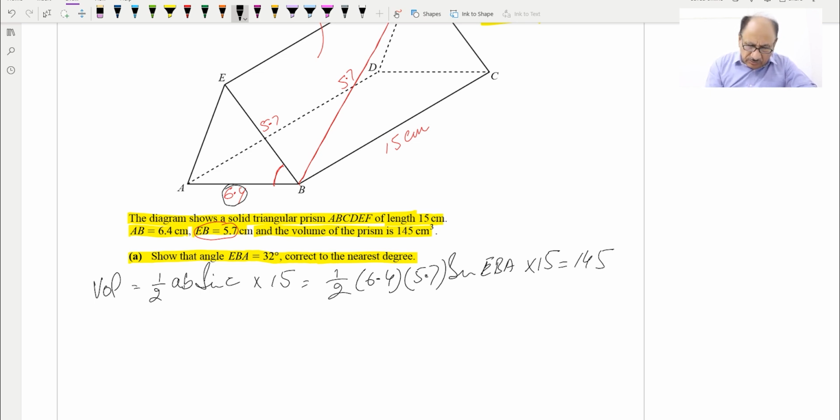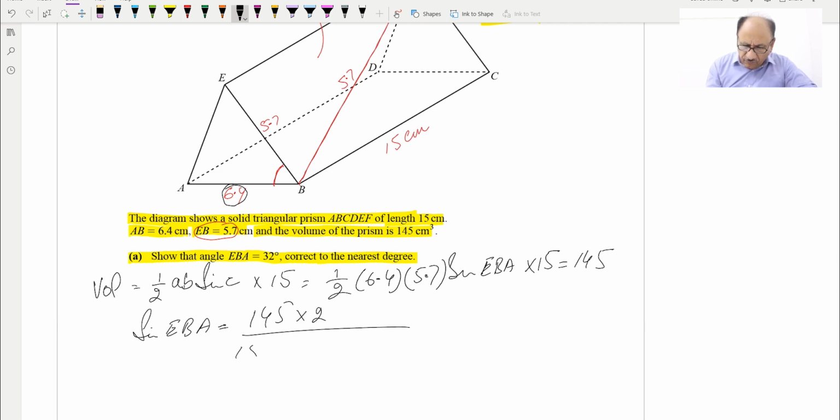So we can simplify. This will be sine EBA is equal to 145, and everything will be divided by 15 into 6.4 into 5.7, and this 1 by 2 will go to the other side as 2.